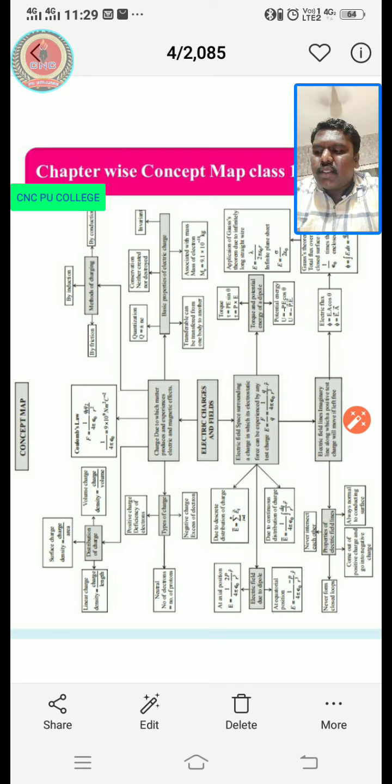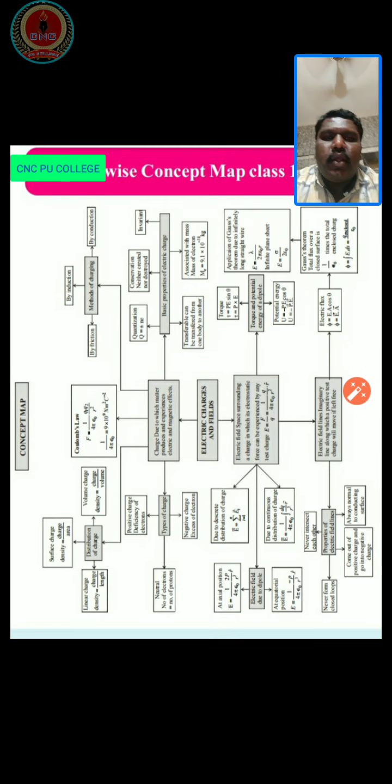The second case, field inside the shell, as we all know that always the charges reside on the surface, therefore the field inside will be 0. So the expression will be phi is equal to 0, therefore E is equal to 0. And the last case, field on the surface, and the expression is E is equal to sigma by epsilon naught.